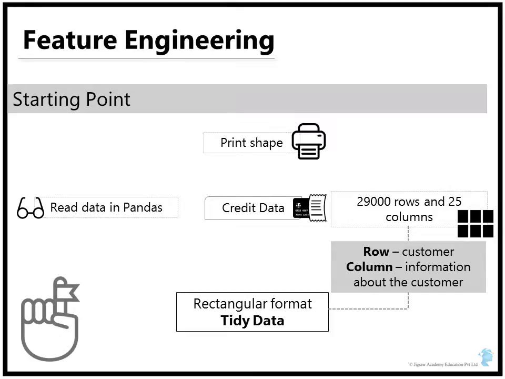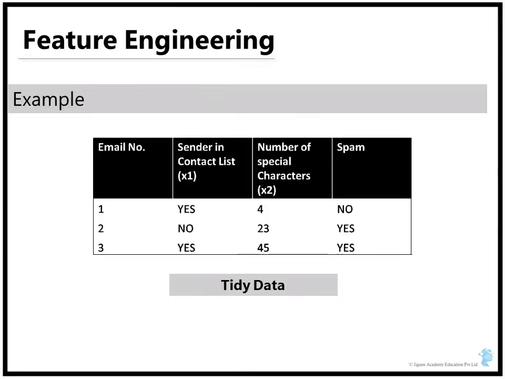This rectangular format with the rows and columns is called tidy data. So in this slide, we can construct a similar tidy data format from the raw text of emails that we get. The data is laid out in a rectangular format where each row is information about an email and each column about a feature.